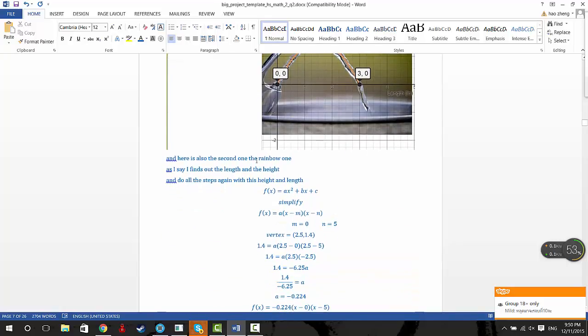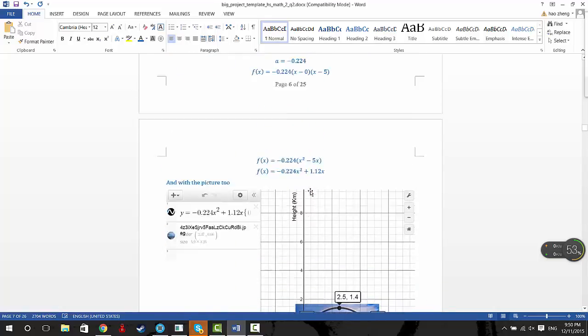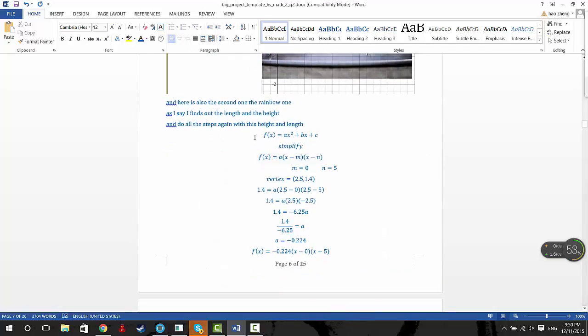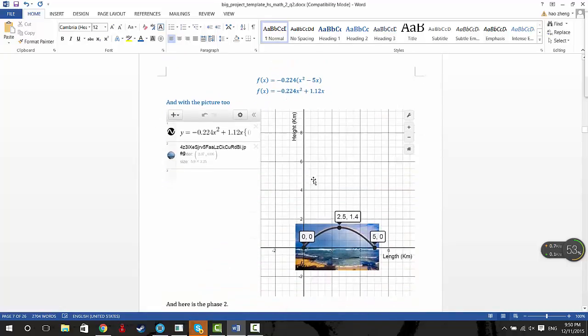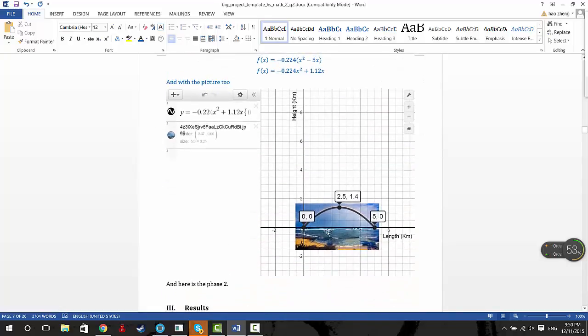And here's also the second one, the rainbow one. As I said, I find out the length and the height, and do all the steps again. Yeah, I just show you here. Okay, so here is the rainbow, 0 to 5, and the height is 2.25.